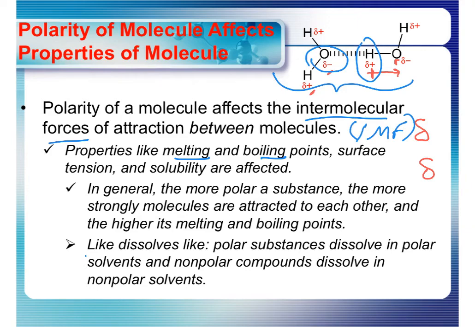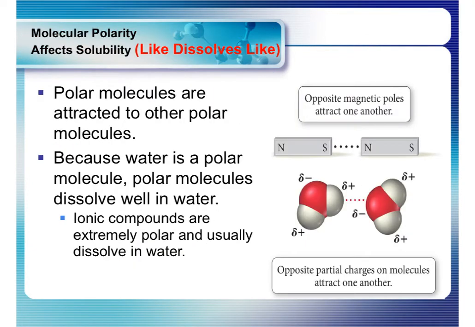So as far as solubility, there's this little ditty that says like dissolves like, and that simply means that polar solutes will dissolve in polar solvents. Polar likes polar and nonpolar likes nonpolar. Following through on that, you probably know that table salt dissolves readily in water.